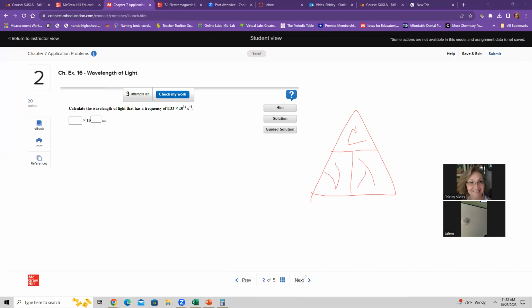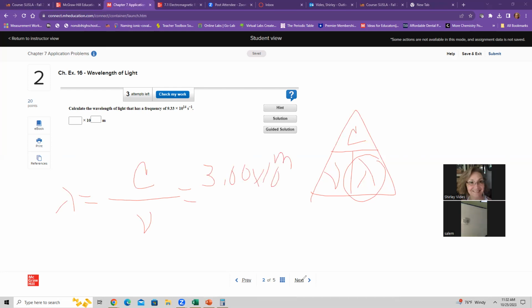So if we're solving for lambda, it's C over nu. So lambda is going to be equal to C over nu. So this is equal to C, which is 3.00.